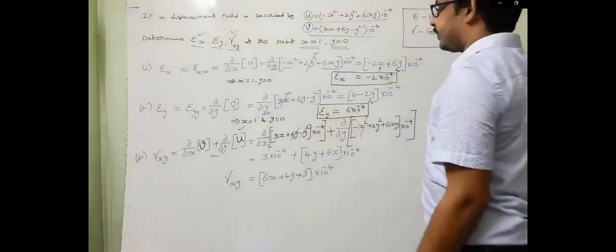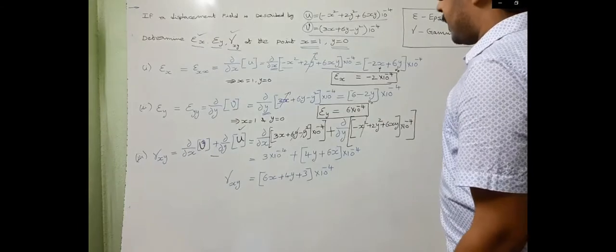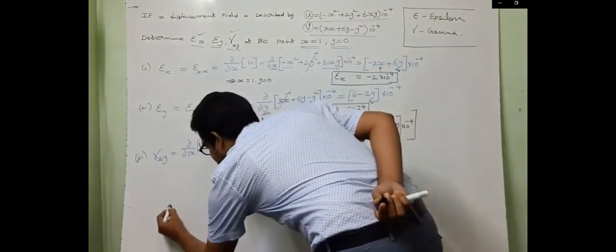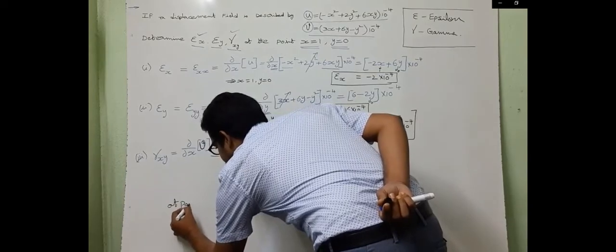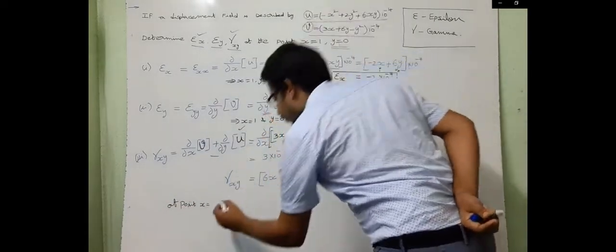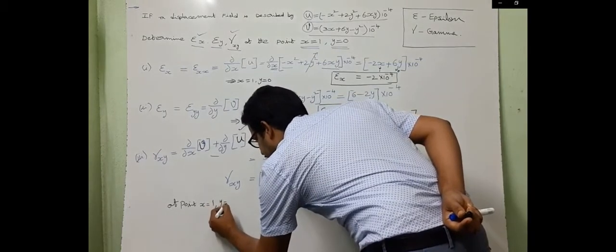6 into 10 power minus 4. So here we need to substitute at point x equal to 1, y equal to 0.